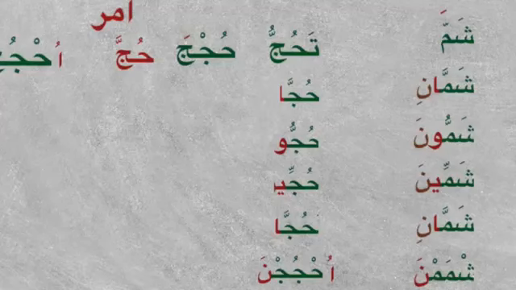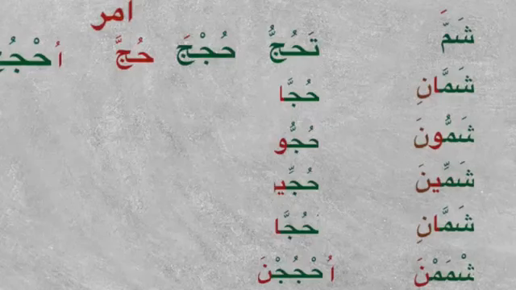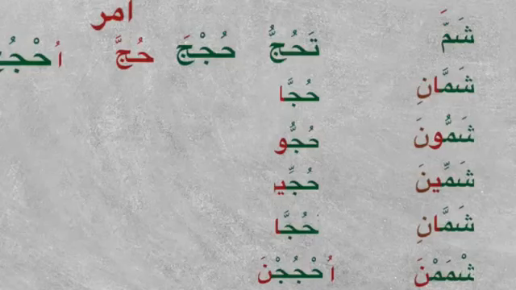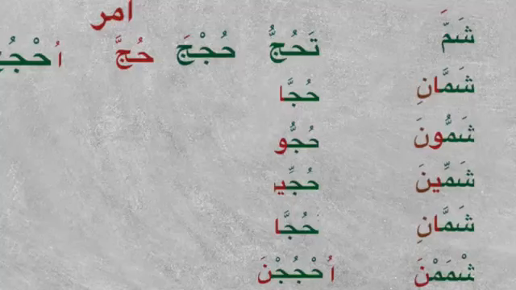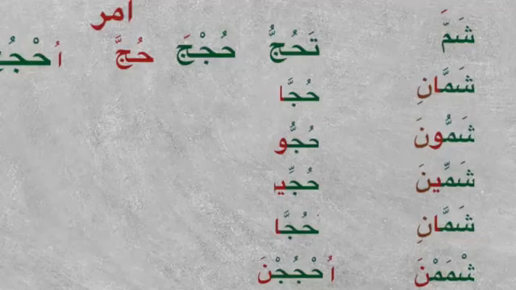Now we have to be very careful when we're reading the sentence. When shamma comes, both madi and amr sound and are written the same. This is where our eyes have to keep an eye on what makes us understand whether it is talking about madi or amr. Shamma means you're telling smell, or shamma also means he smelled, depending on how it is constructed.